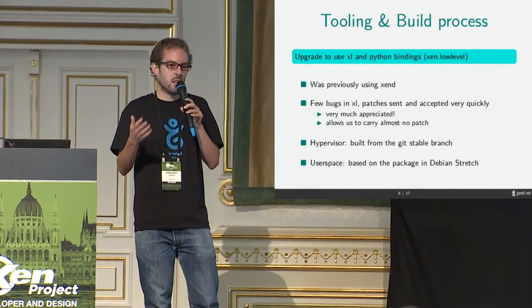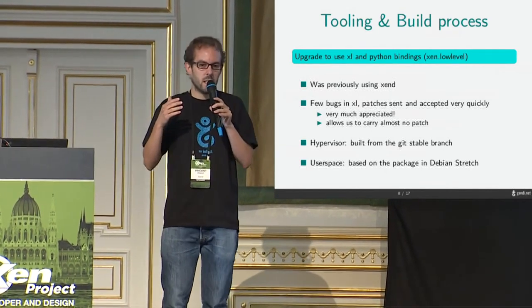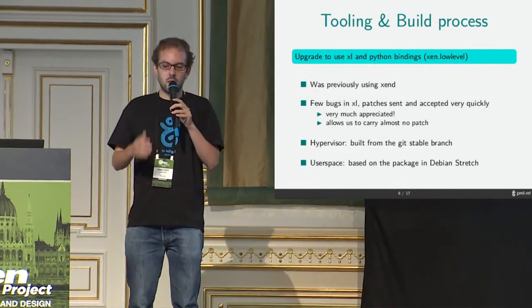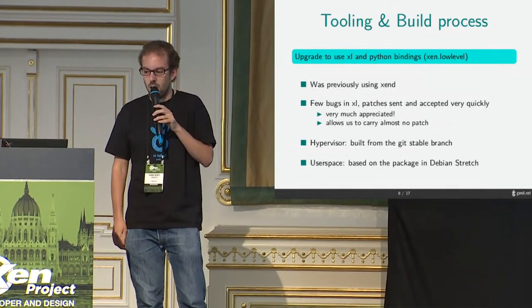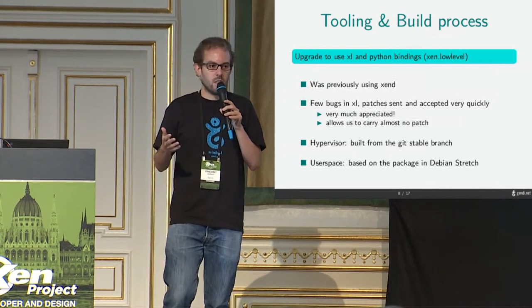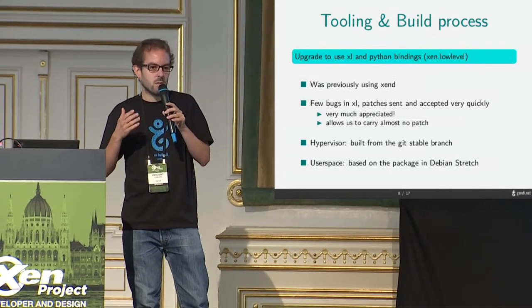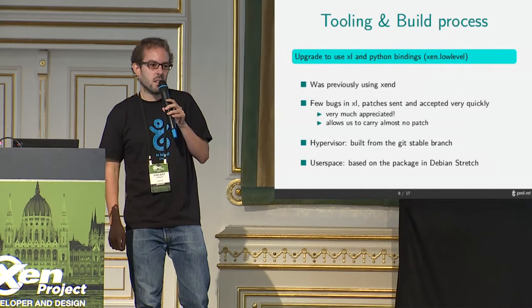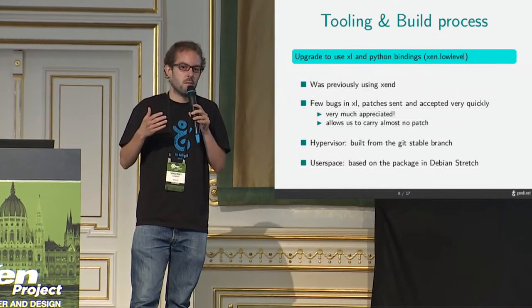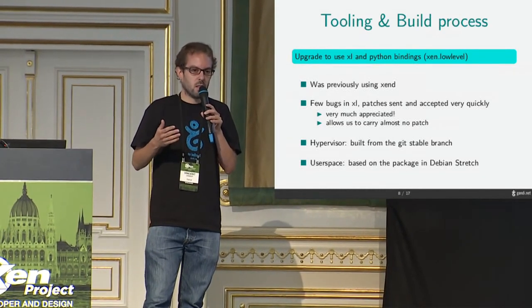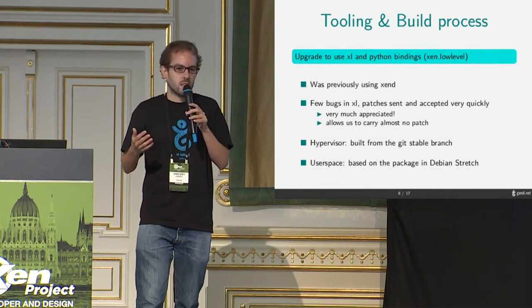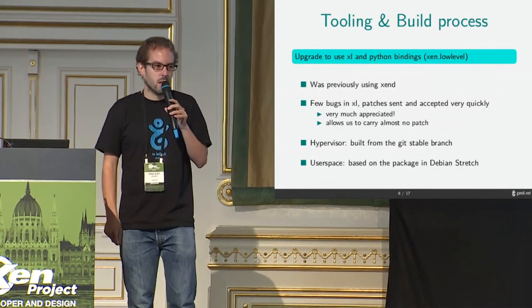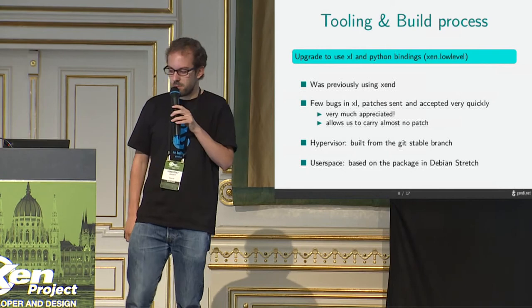So we reported that to the Xen devel mailing list, and those patches were accepted really quickly. We really appreciate that, and those patches will be in Xen 4.9. So it allows us to build Xen 4.9 with almost no patch, and that's something we really want.